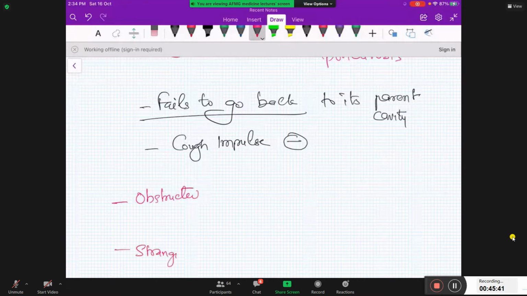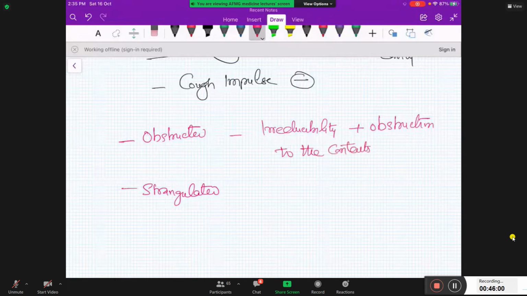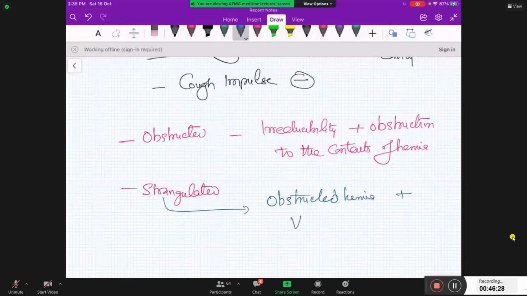Now, then comes obstructed hernia or strangulated hernia. Obstructed hernia is irreducibility with obstruction to the contents of hernia, while strangulated hernia is obstructed hernia with vascular compromise of contents.